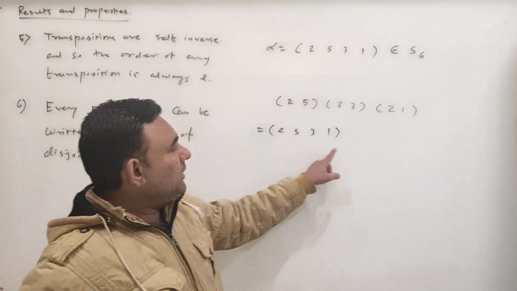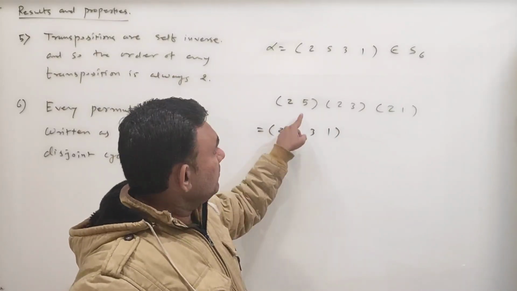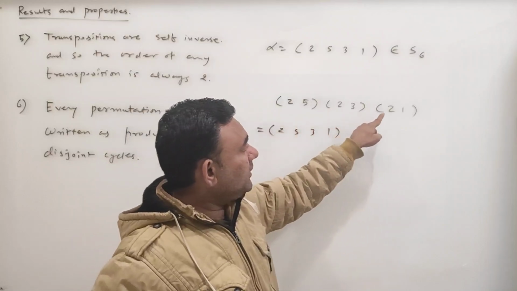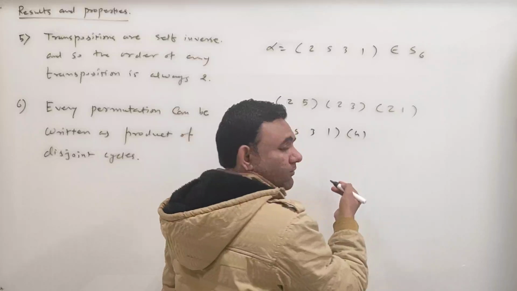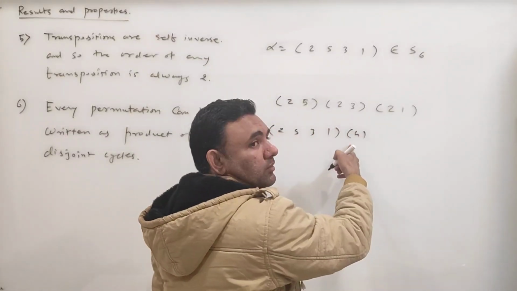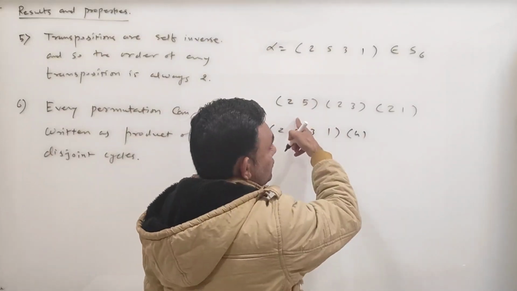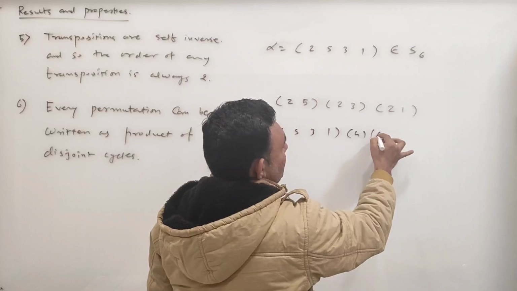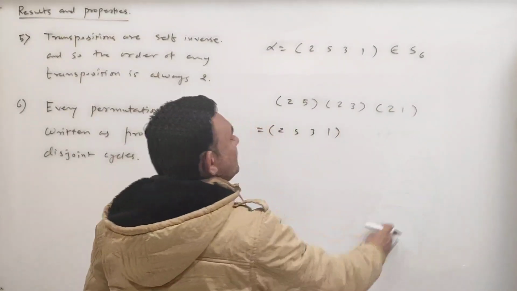And what about 4? 4 is invariant, so no need to write 4. Similarly 6 goes to 6, but this represents the identity, so no need to write this one. So it is simply this one.